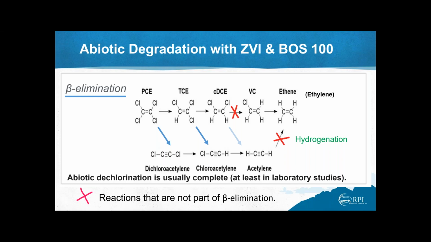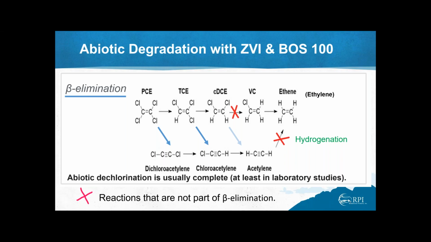So from PCE to dichloroacetylene, TCE, chloroacetylene, DCE, acetylene, they don't necessarily react or move in the way that I just described them, because you can go from dichloroacetylene to chloroacetylene to acetylene, which is the more direct pathway and the more typical pathway.